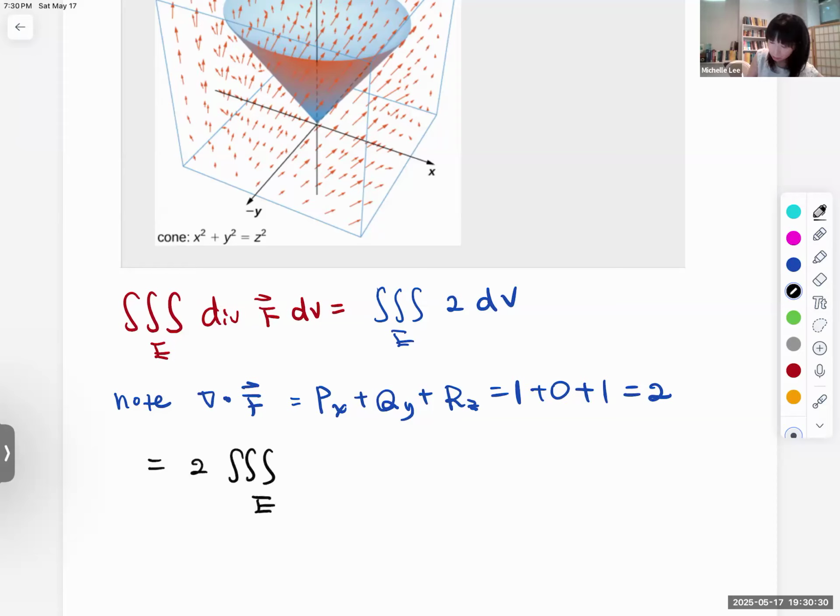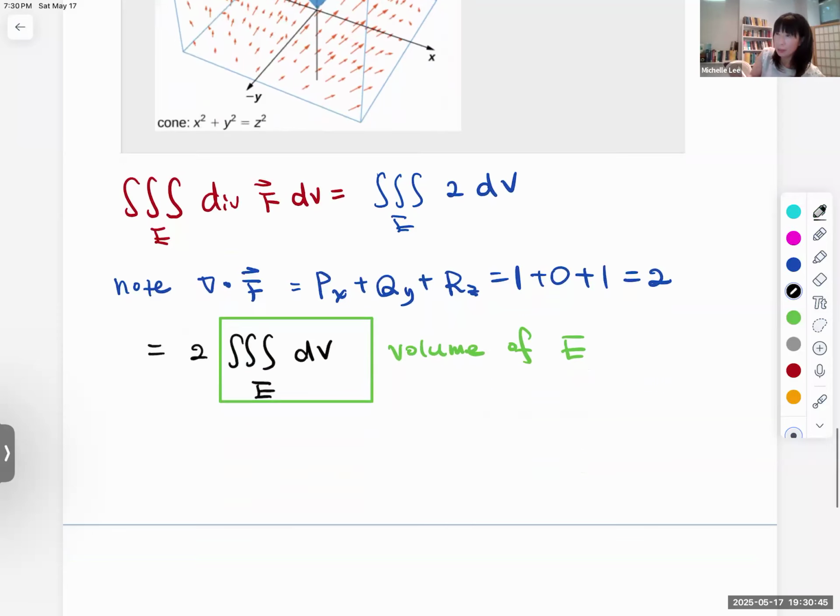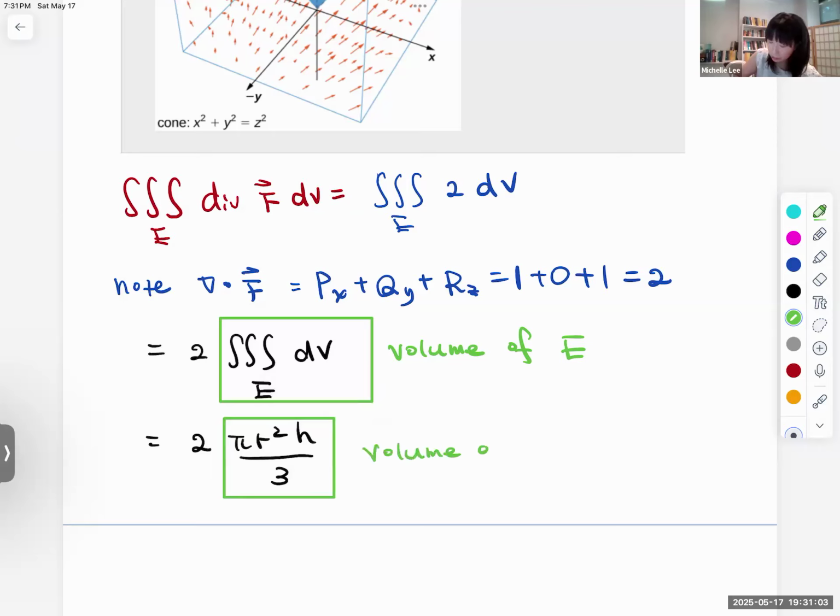So looking at the volume of region E, that will be 2 pi r square h over r, that is the volume of the right circular cone.